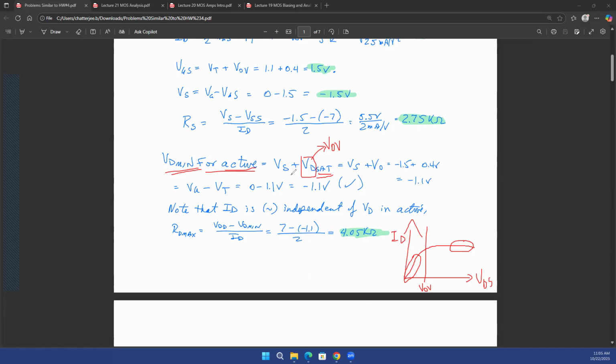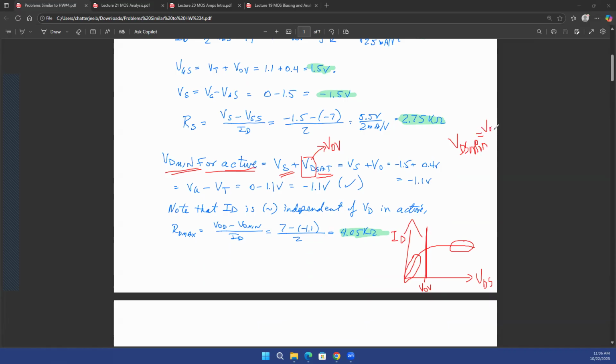All right. Now, that basically says what is the minimum VDS for the active region? The minimum VDS for being in the active region is V over drive, right? So you can call that VDS min. So VDS min is equal to your V over drive.